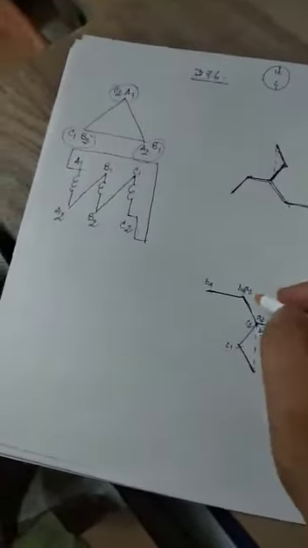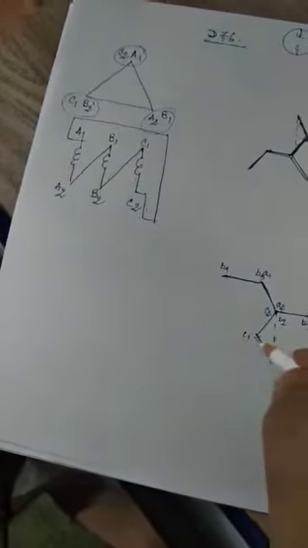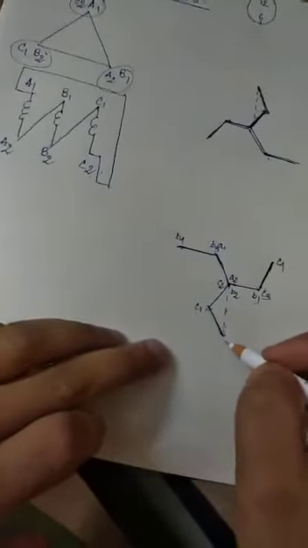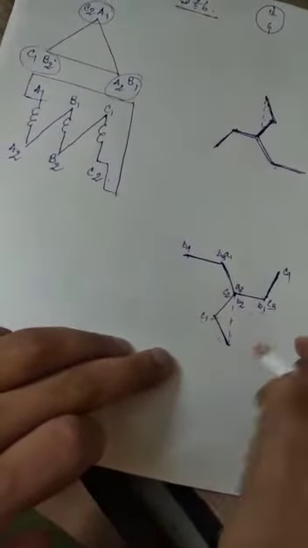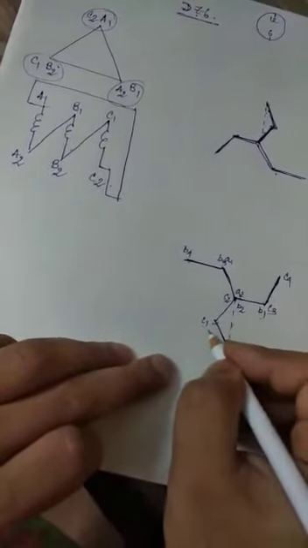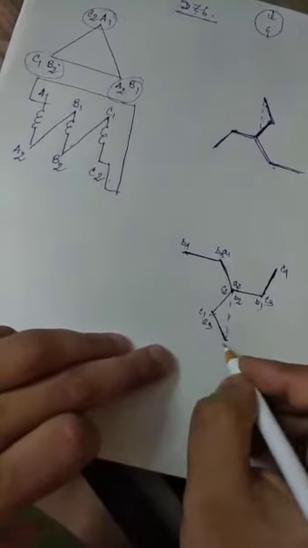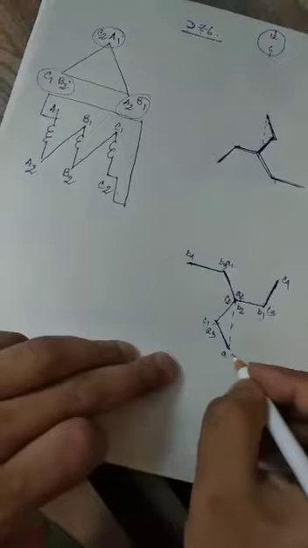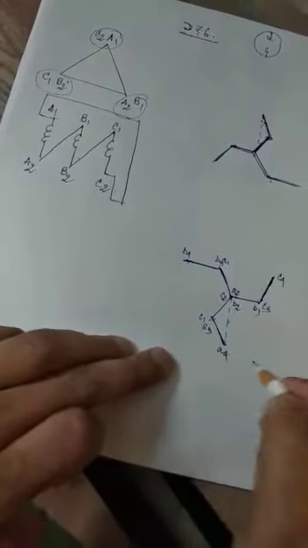Okay, and the last part is this one. This one is basically parallel to this one, A1 A2. So here it is A1, so it means A3. Here it is A2, means A4.